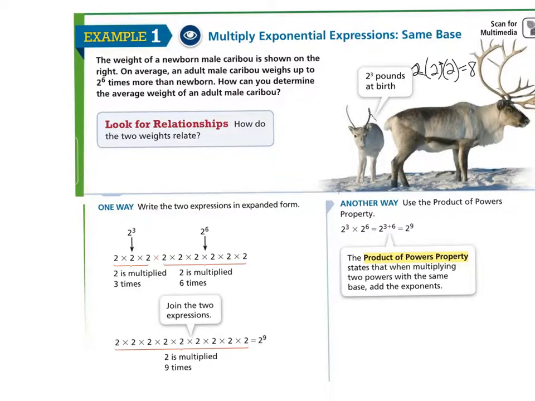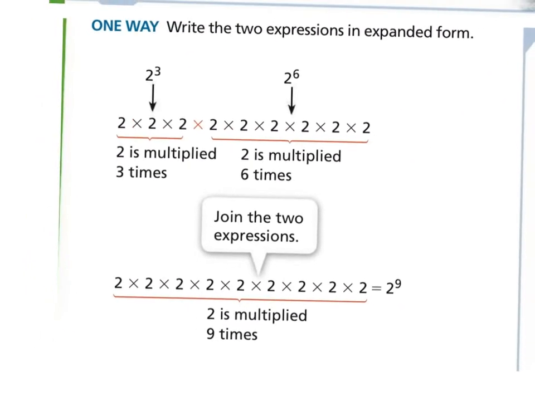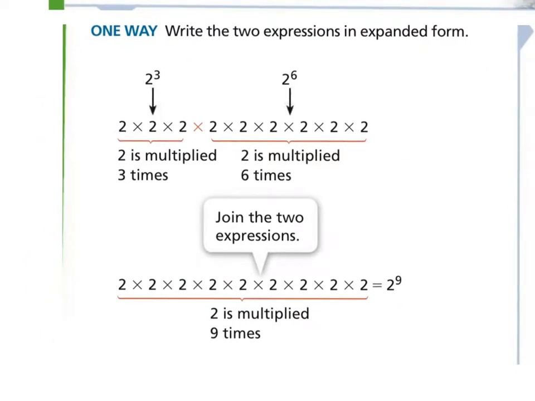Okay, so rather than doing that though, the book's wanting us to work with exponents. So one way of looking at this, 2 to the 3rd power, like we said, 2 times 2 times 2, 2 to the 6th power, we've got 6 factors of 2. And then we can multiply all those together. Rather than multiplying them all together, we might lose track of how many 2's we've typed in.